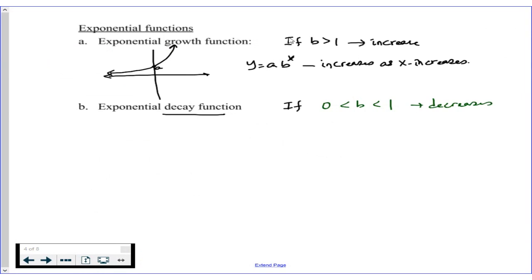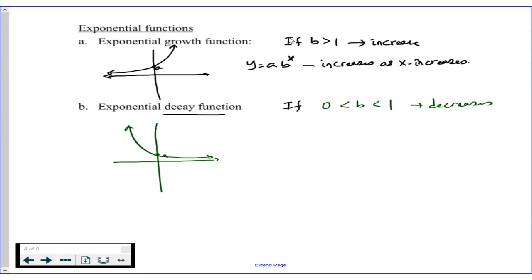So let me show you the graph. Again, it passes through a and it goes like this. You see here, it doesn't cross the x-axis. It just approaches the x-axis, and we call it a horizontal asymptote. Don't worry about it for now because this will be taught in advanced, higher level math.